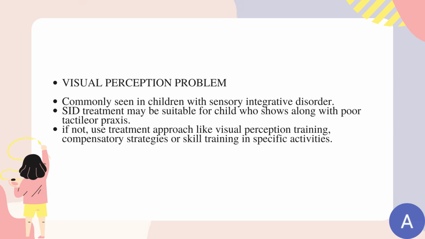These children have a hard time reading emotions and recognizing patterns and letters. SID treatment may be suitable for children who also show poor tactile practice. But if not, treatment approaches like visual perception training, compensatory strategies, or skill training in specific activities are needed to help children with this visual perception problem.